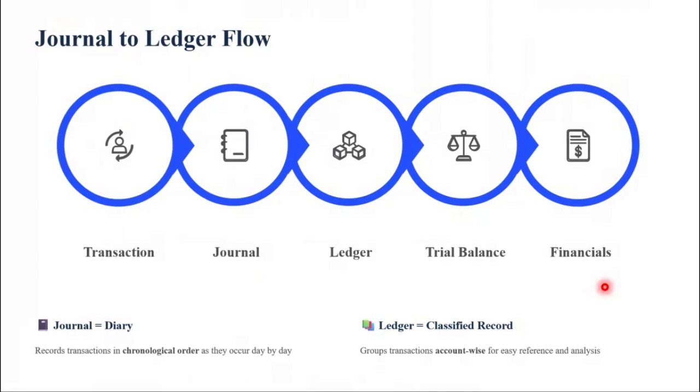The ledger is like a library where each book is a specific account. This grouping of similar entries allows us to see the total impact on cash, sales, or expenses at a glance. Finally, these balances are used to create the trial balance, the income statement, and the balance sheet. This systematic record of classifying is what we call bookkeeping, and the interpretation of this result is accounting.